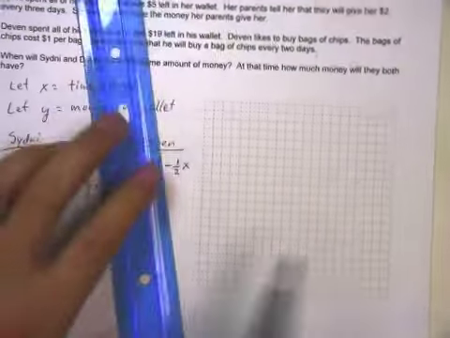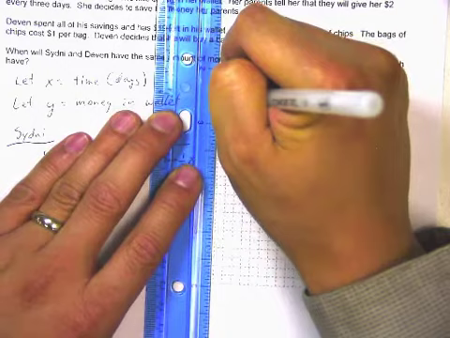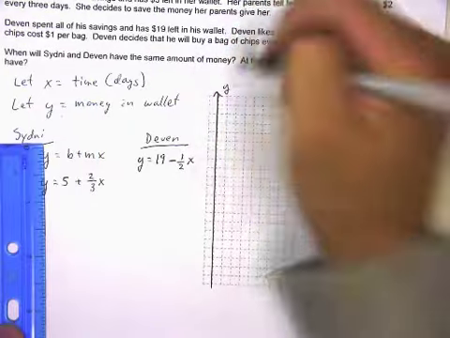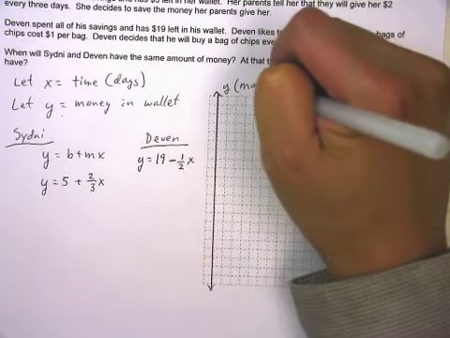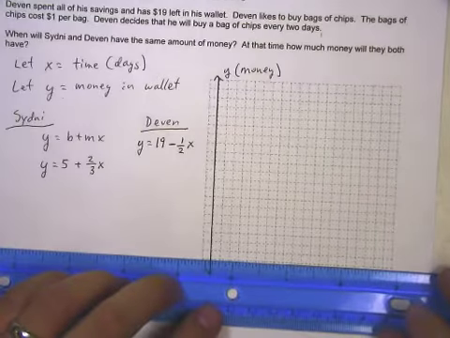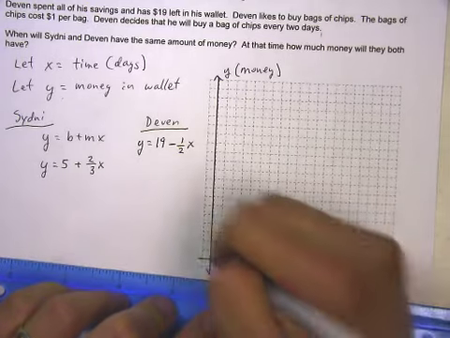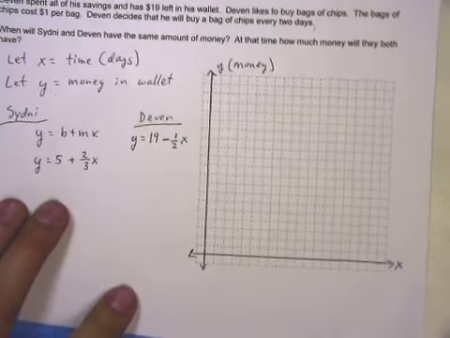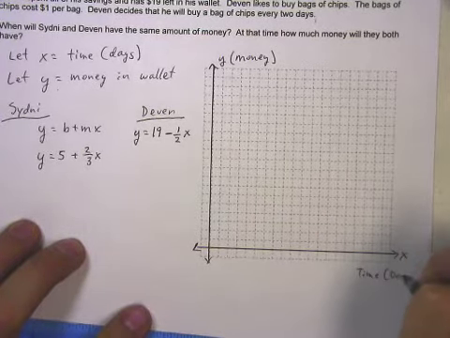I'm going to put my y-axis here, and just to remind us, this is the money. Okay, and let's put the x-axis here. And as a reminder, what does x represent? This is the time that passes in days.